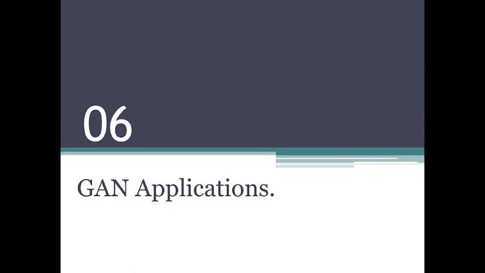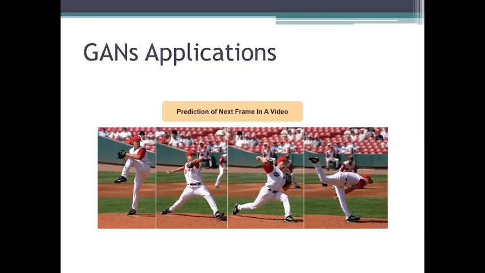So last but not the least, I want to talk about a few applications of generative adversarial networks. The first one is prediction of the next frame in a video. The prediction of future events in a video frame is made possible with the help of GAN and DVD-GAN, or dual video discriminator GAN.